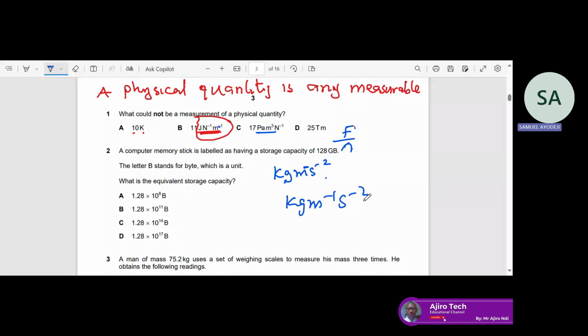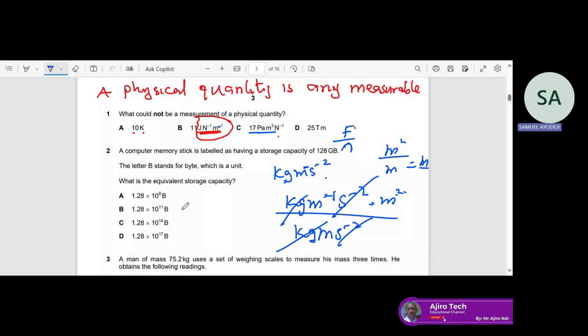Then times meter squared over N, where N is the Newton, which is kilogram meter per second squared. The kilograms and seconds cancel, and m squared over m gives m, which is correct. It has a unit and it is a quantity. So this one is the same as 17 meters, which is a length.